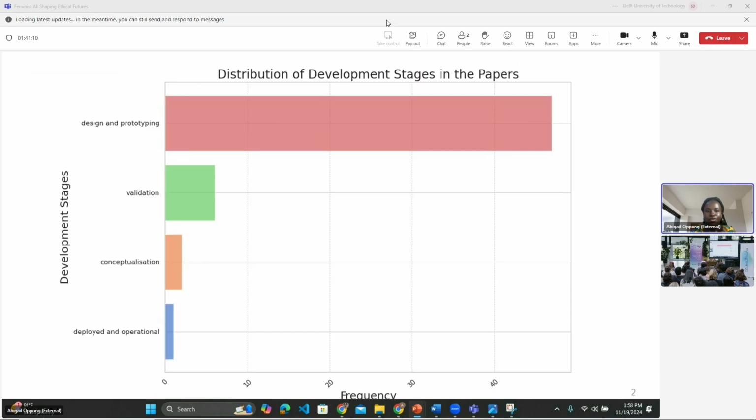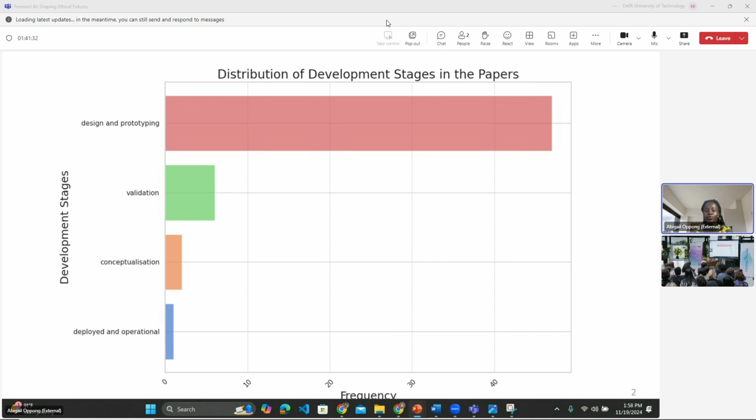I will go through some of the interesting graphs from it. We found that a lot of the projects are on design and prototyping, a few on validation, and then the concepts as well. And we had only one paper talking about deployment.